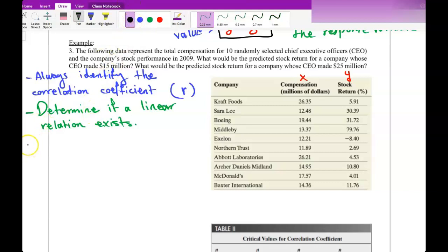Okay, so R, we rounded it to negative 0.206.